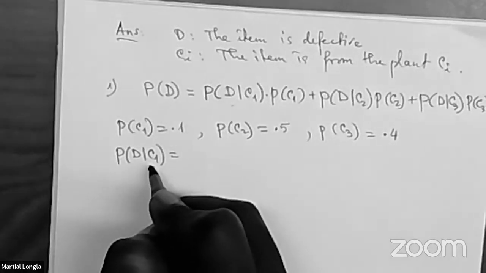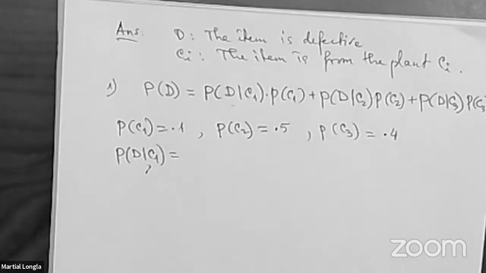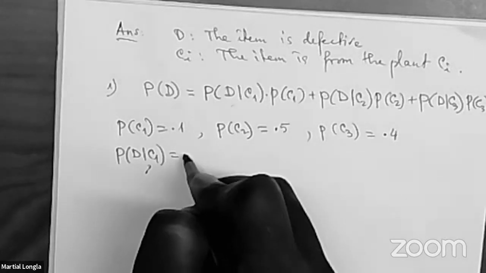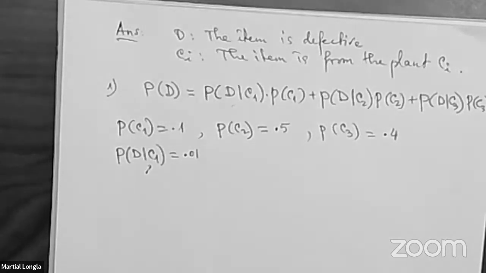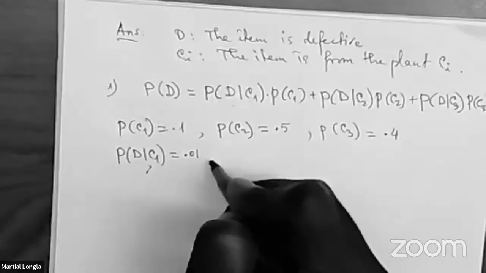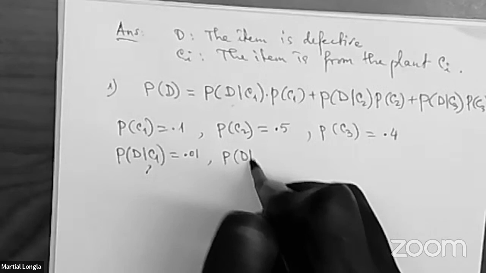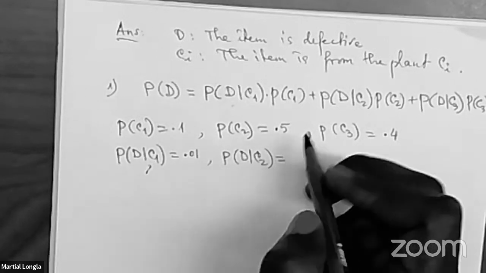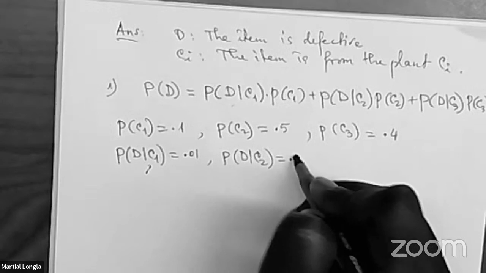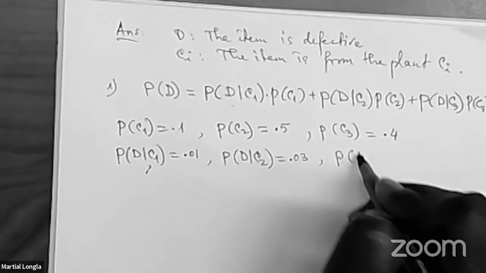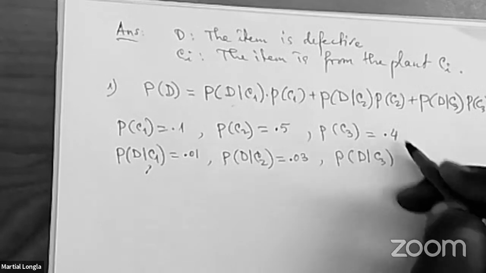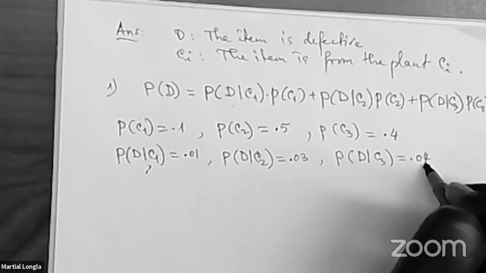So here, given that we are at plant 1, it's the engineer at plant 1 that said you have 1% defective. So that's 0.01. Because he knows only what happens at plant 1. P of D given C2, they said it's 3%, so that's 0.03. And P of D given C3, they said it's 4%, so that's 0.04.